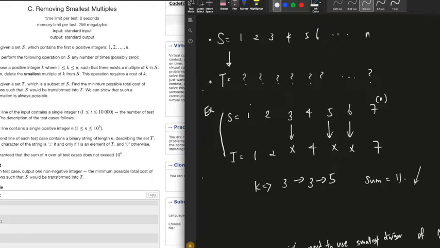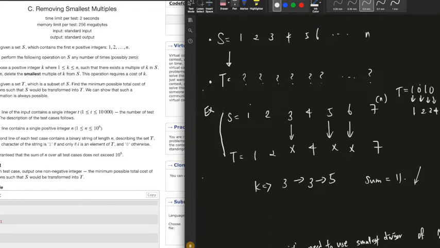And for T, actually, we have 1 or 0 for T, but every index of T means 1, 2, 3, 4, something like that.